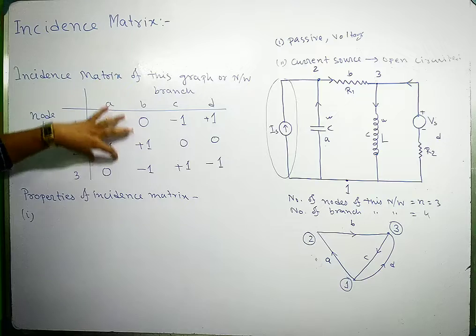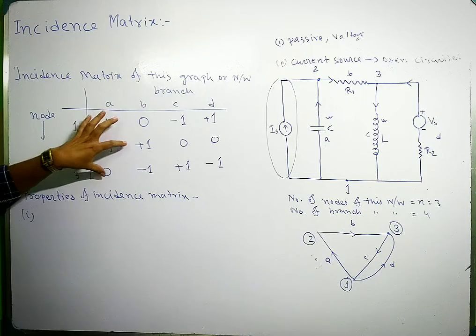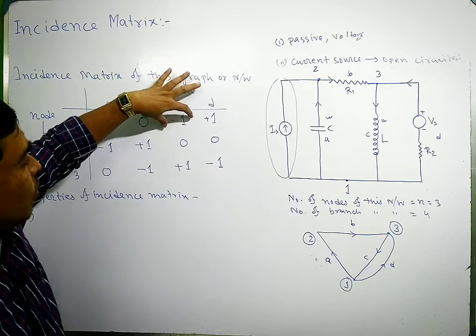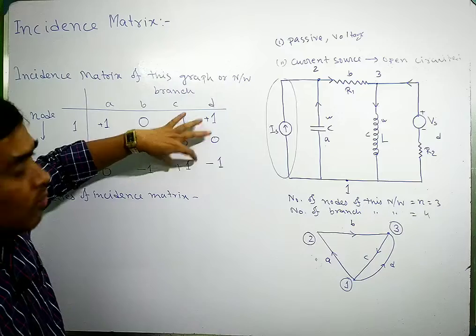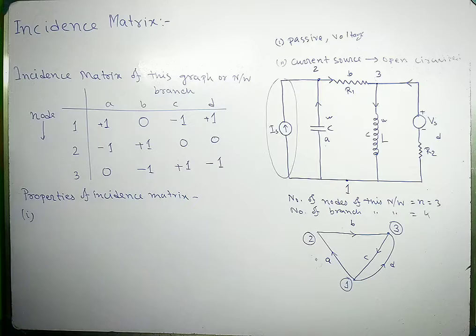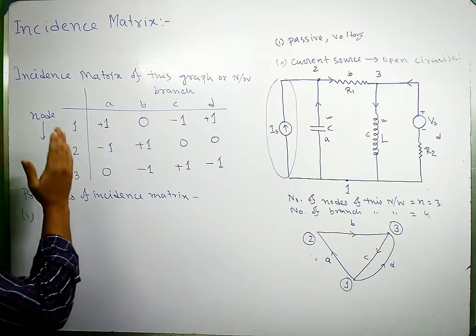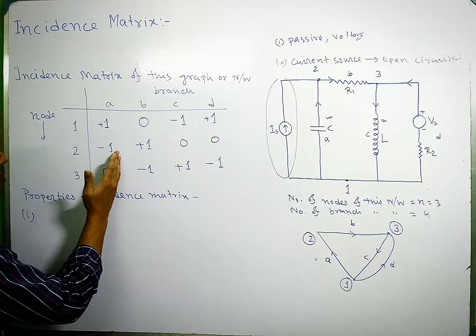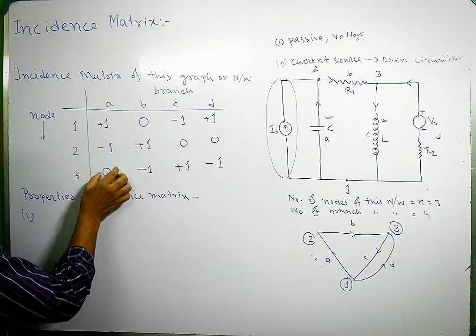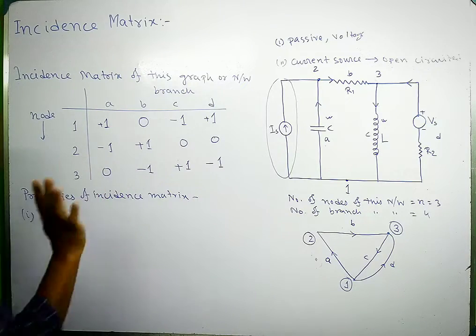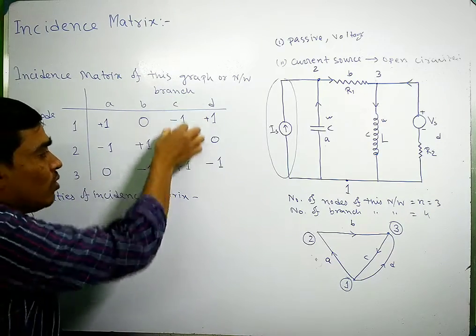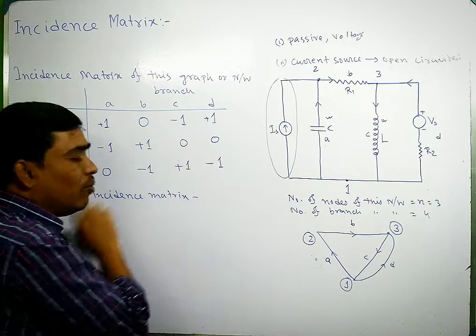In each column, this is plus 1, this is minus 1. The total is 0. Here is also plus 1, minus 1, total is 0. Here is minus 1, plus 1, total is 0. And also this plus 1, minus 1, total is 0. So we observe that the sum of each column must be equal to 0. If you add through this column, it will be 0. Through this column, if you add, it will be 0. Through this column, if you add, it will be 0.